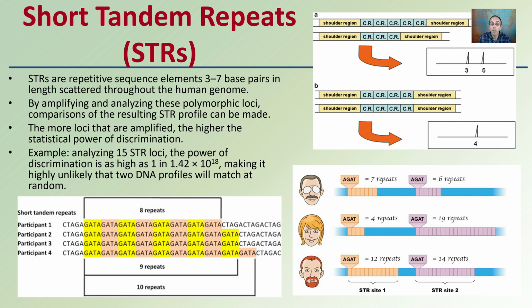For example, in analyzing 15 STR loci, the power of discrimination is as high as 1 in 1.42 times 10 to the 18th power, making it highly unlikely that 2 DNA profiles will match at random, indicating a high correlation there. And again, the more repeats you can find, the closer you can potentially match up individuals. So looking at short tandem repeats is another way geneticists can analyze DNA and develop a probability that 2 DNA samples are a match.